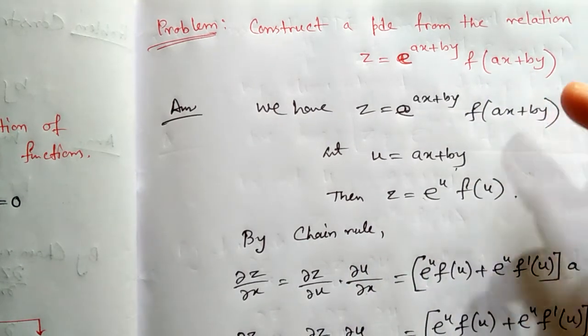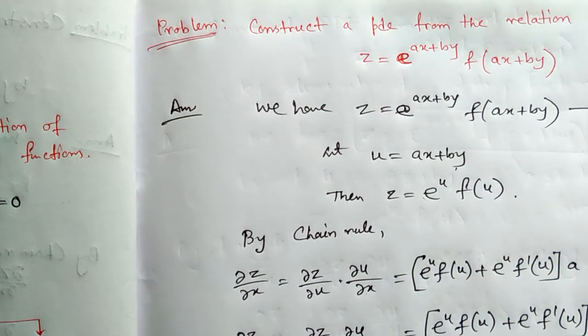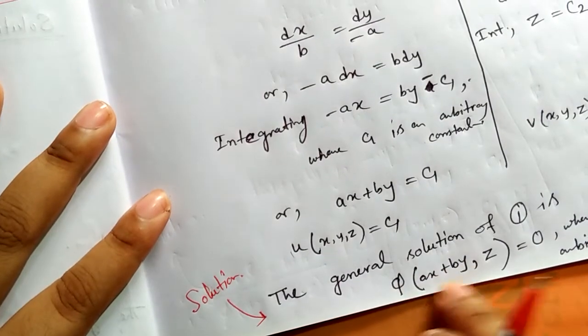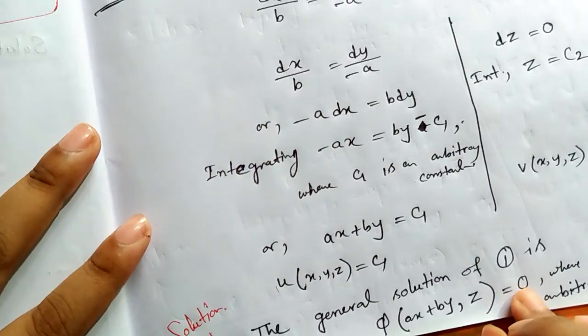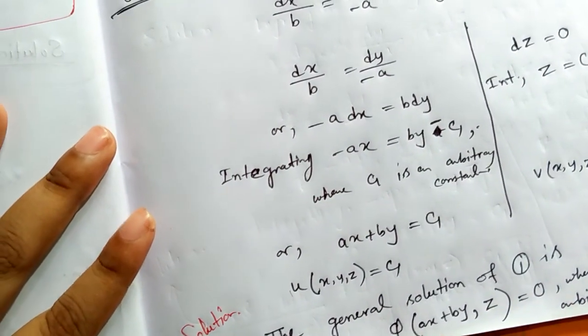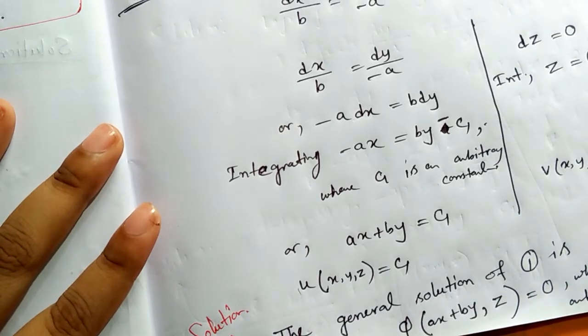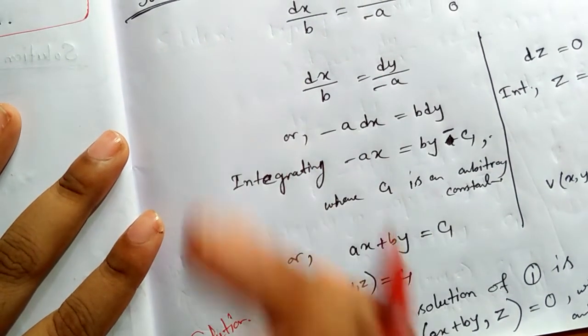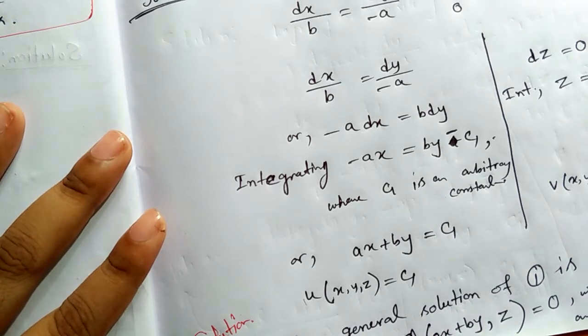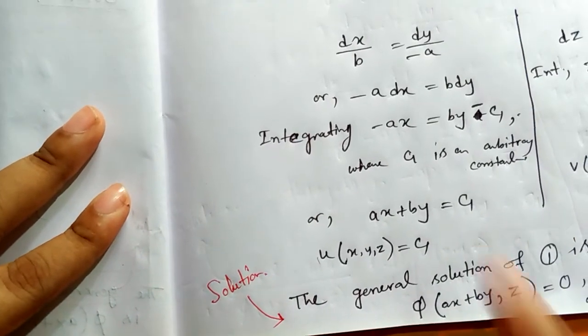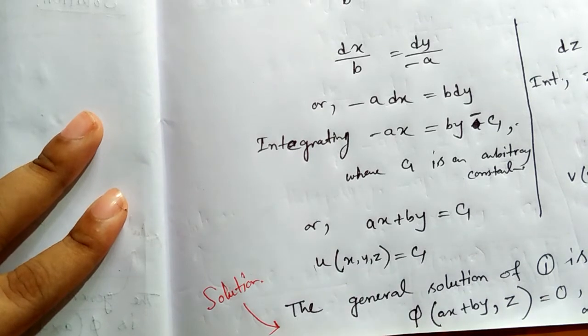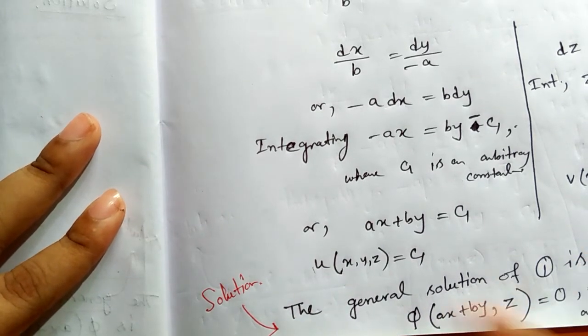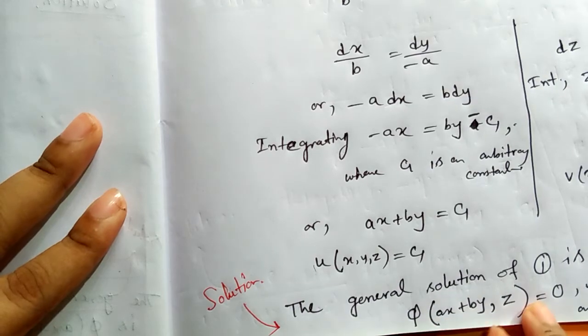In between the first and last equations, there is a relation. From this last equation, we cannot exactly say that the equation from which the PD can be constructed is this, but we can realize that the equation from which the PD can be constructed is related to these functions ax plus by and z.